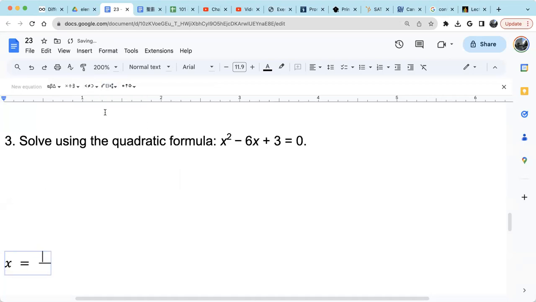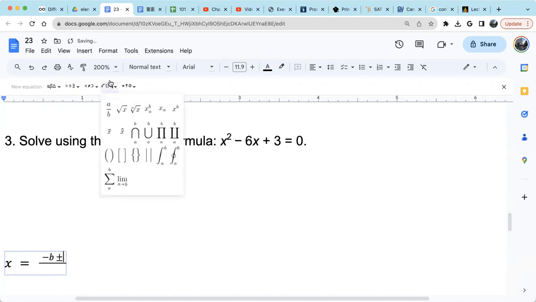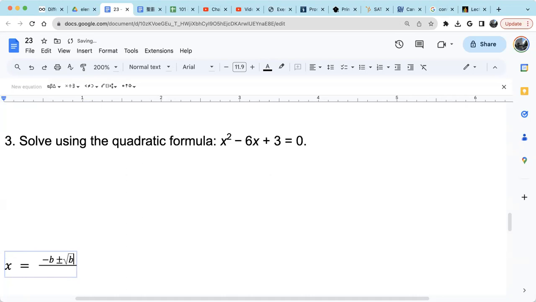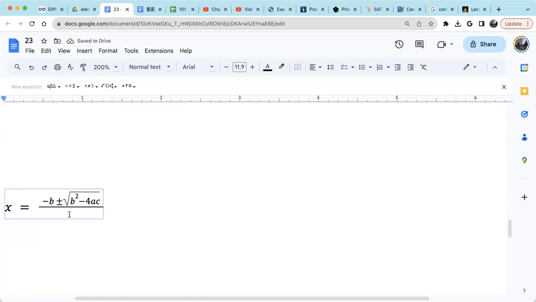The numerator is negative b plus or minus the square root of b squared minus 4ac. The denominator is 2a.